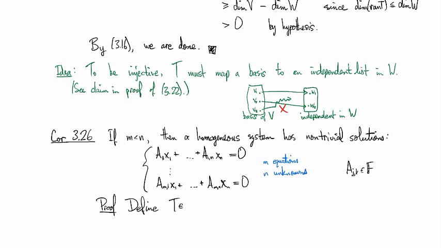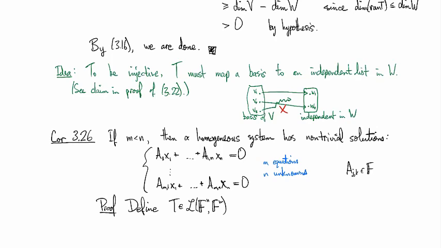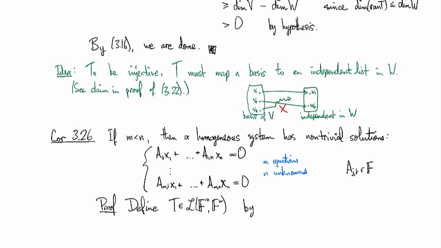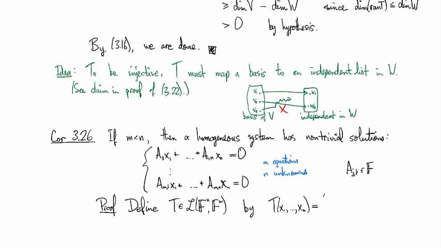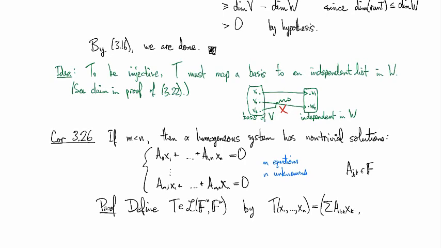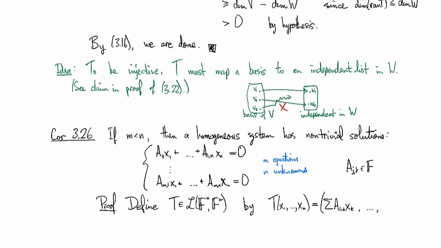Define T as an element from Fn to Fm by saying that T of x1 through xn is, and then here we put the equations. So the first thing that's set equal to 0, a1k xk summed, and then down to the last thing, amk xk.